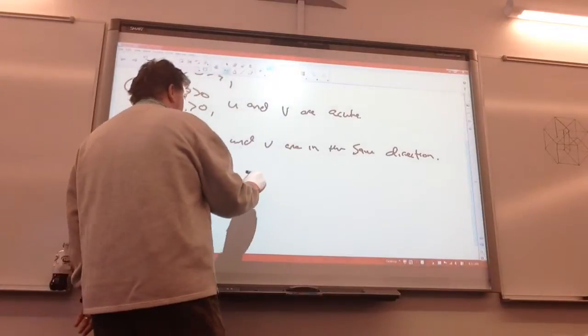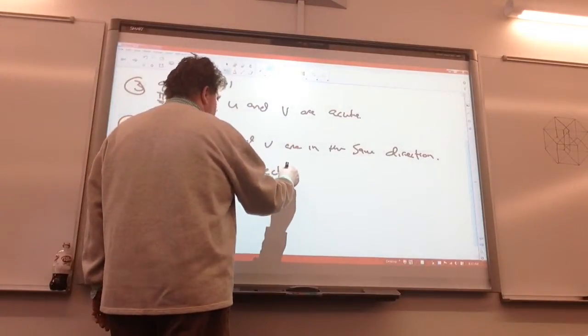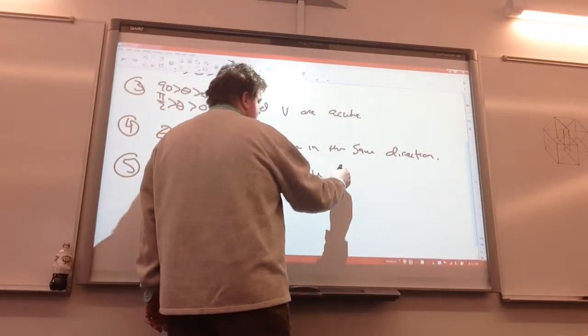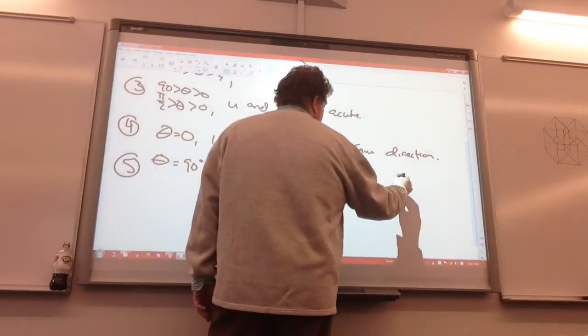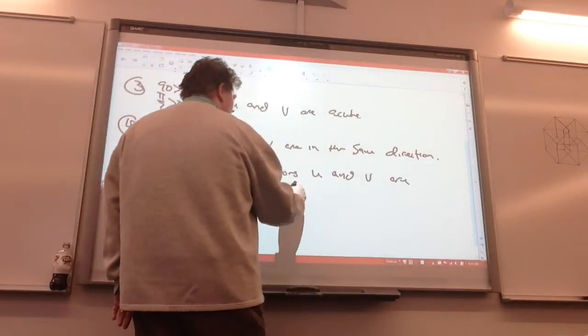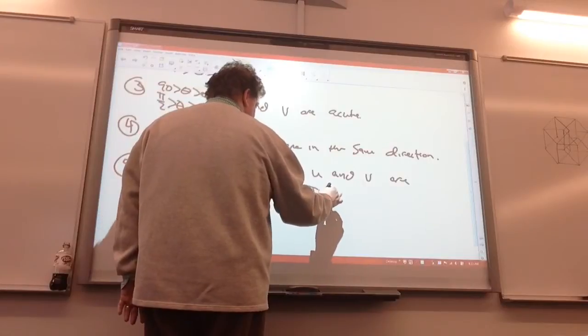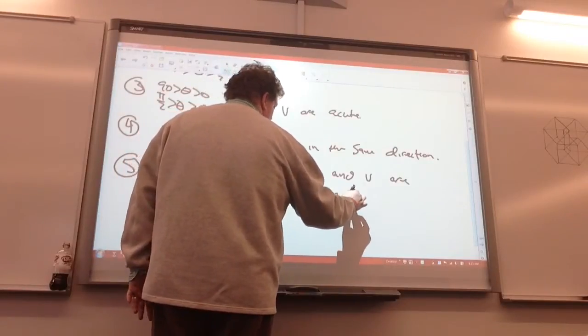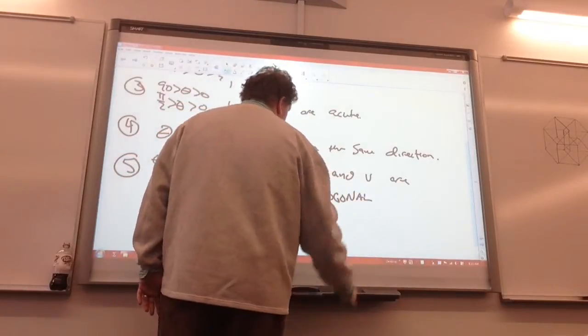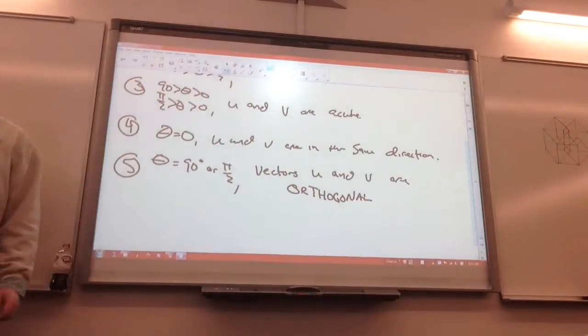vectors u and v are orthogonal. Orthogonal is basically synonymous with perpendicular.